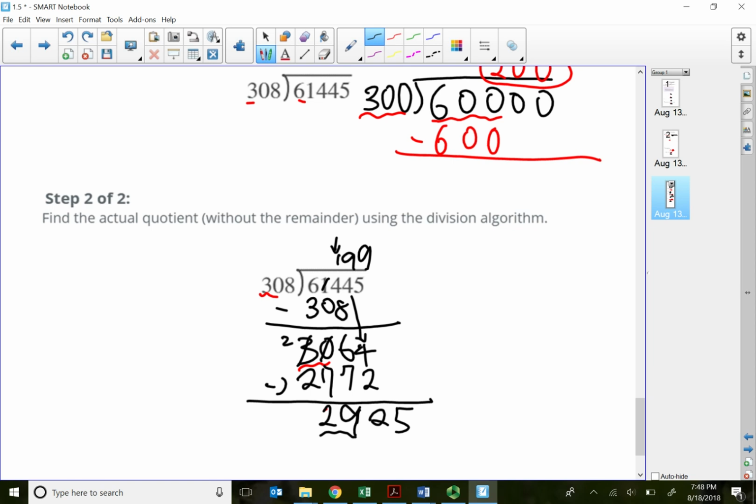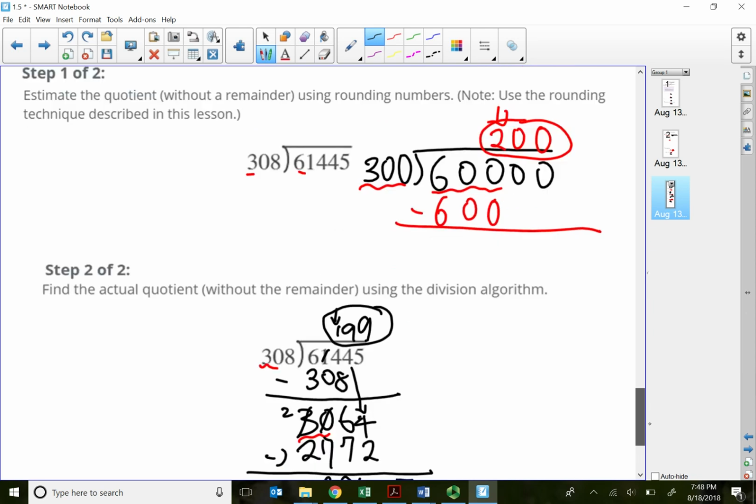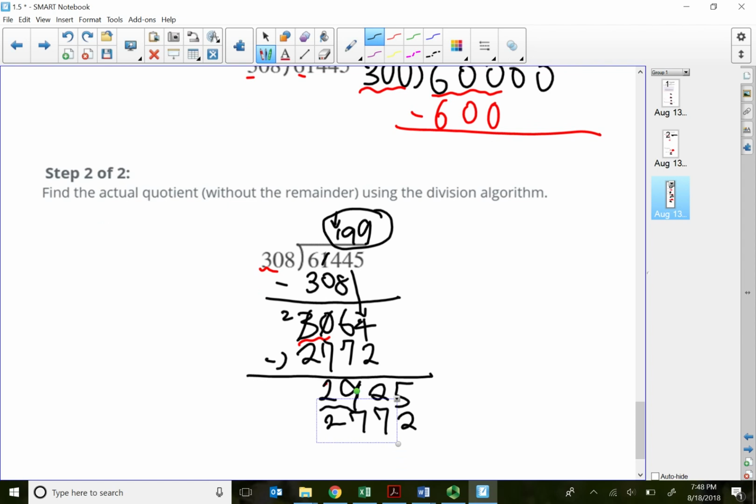Because earlier, 9 times 308 is 2772, which will be enough. So my estimation is about 199. Excuse me, my actual quotient is about 199.